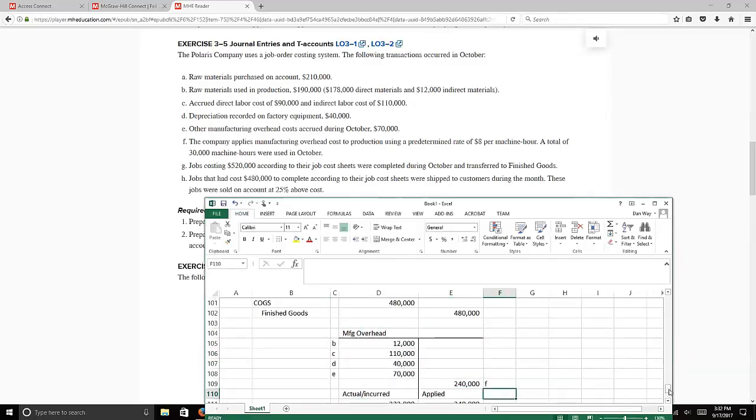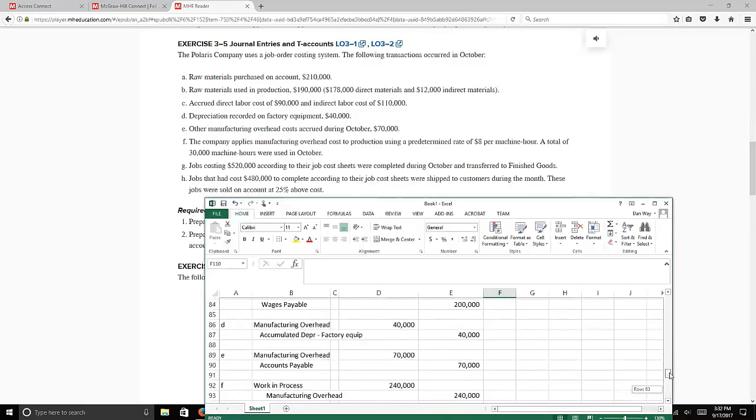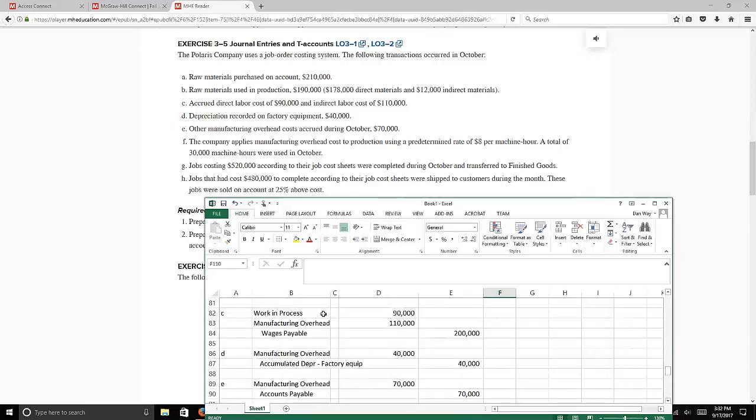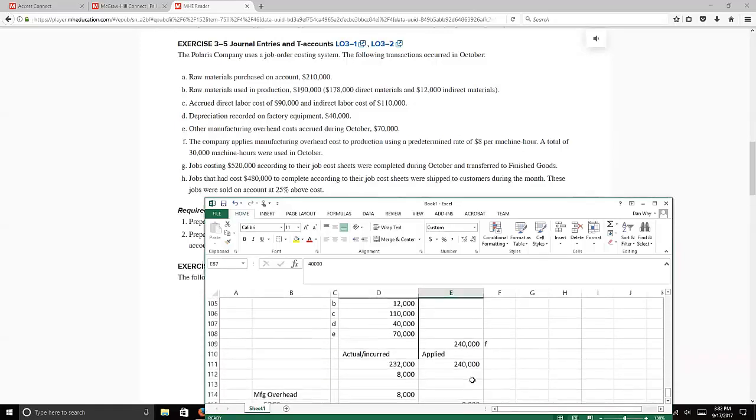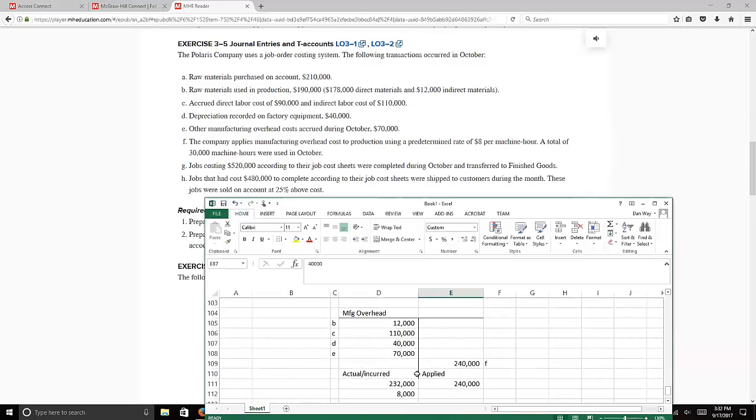It's very easy to kind of skip or miss one or two. Just always give those a double check and say, did I book this to the left-hand side of work in process? Did I book this to the left-hand side of overhead? And so on and so on. Because in the case of overhead here, I wouldn't have been able to come up with an under or over applied amount without making sure I'd accounted for all my debits and credits.